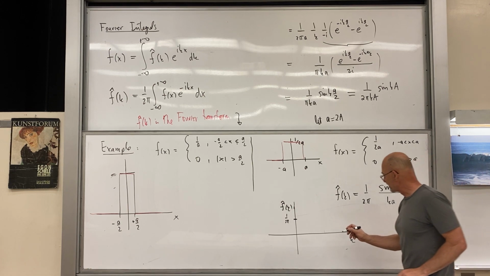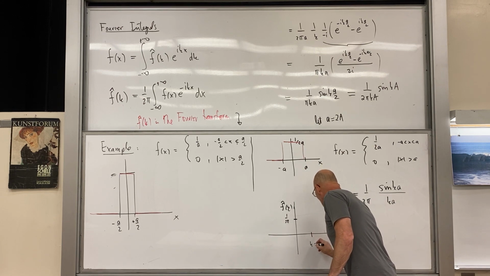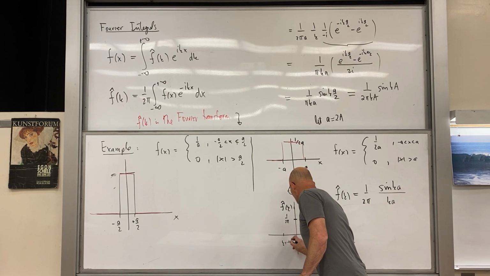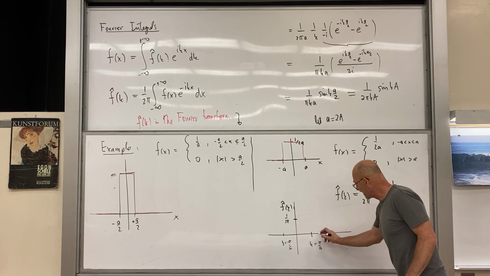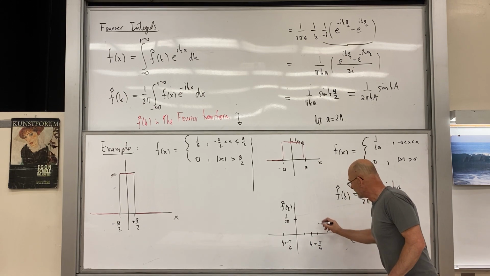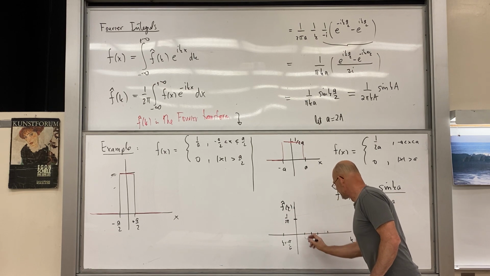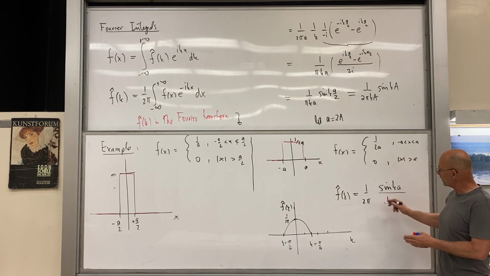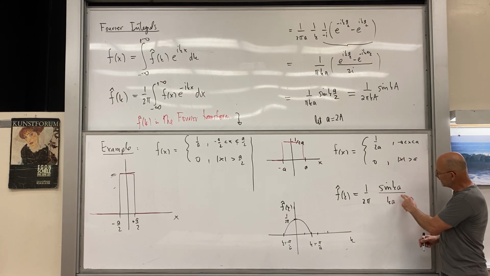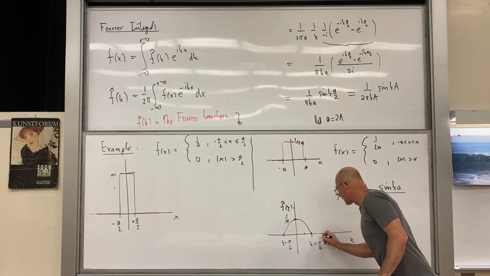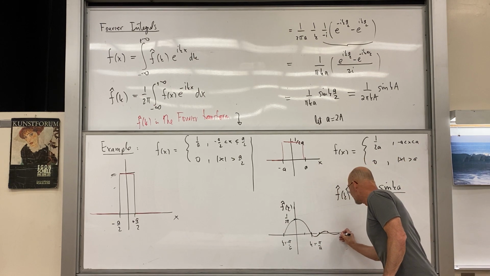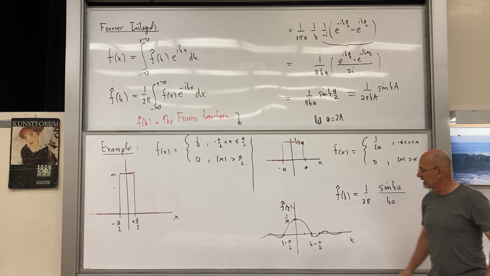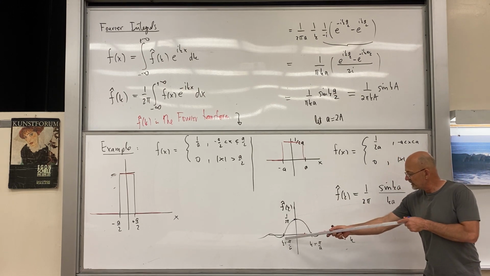So k is equal to pi divided by a, and k is equal to minus pi over a. And then it's going to cross the axis here. From then on out, the contribution is very small. It's getting smaller as k increases, and it's half as wide each time. So almost the entire contribution is centered here between this interval.